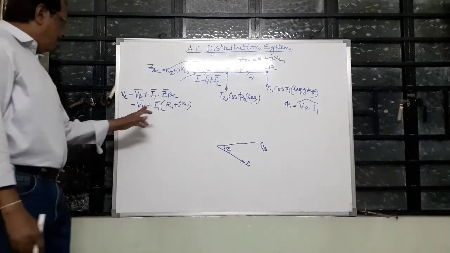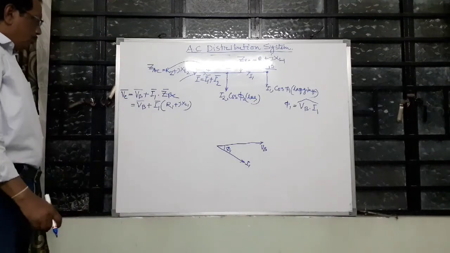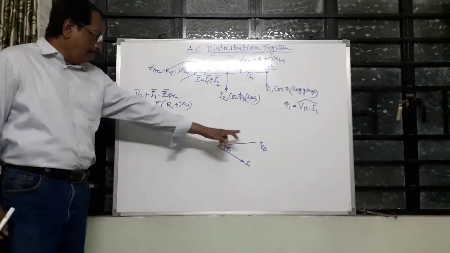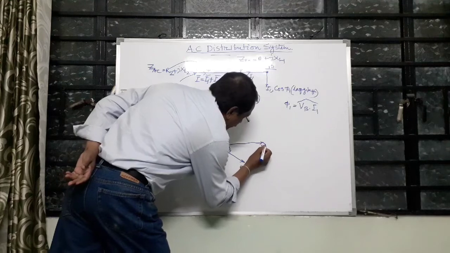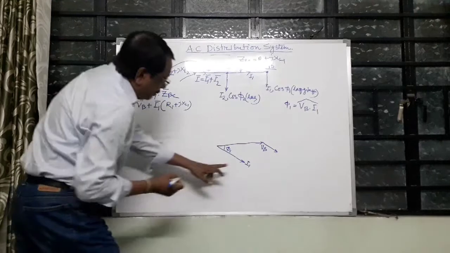Now from VB there are two drops. From VB we draw I1 R1 parallel with I1.